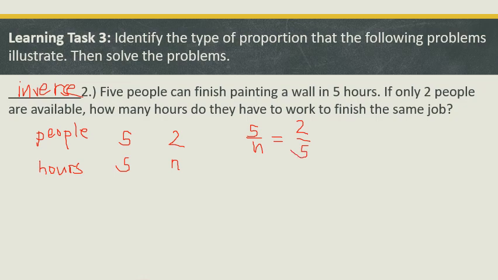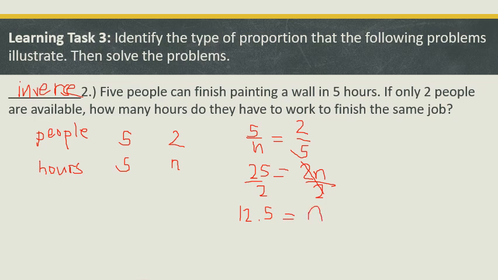Cross-multiply natin. 5 times 5 is 25. And 2 times n is 2n. Saan ito i-divide? Pareho sa 2. 25 divided by 2 is 12.5. So, 12 and 1/2. Then, 2n divided by 2, cancel ang 2. Matitira na lang is n.